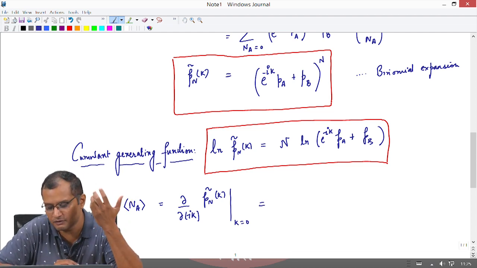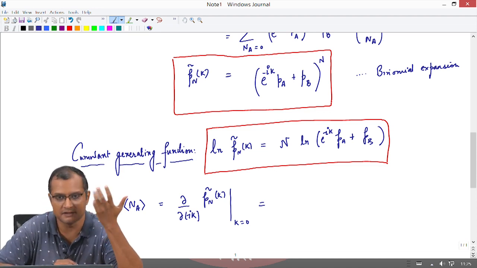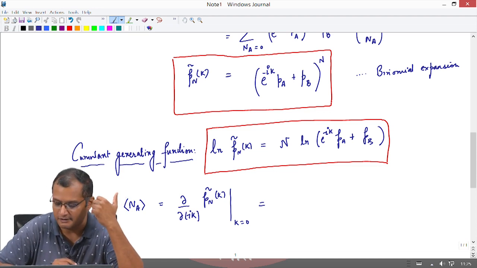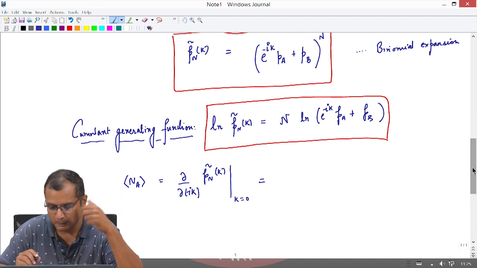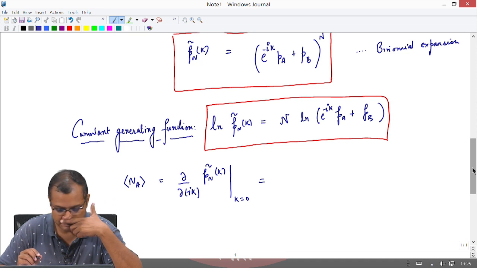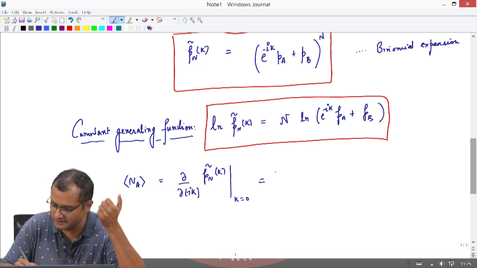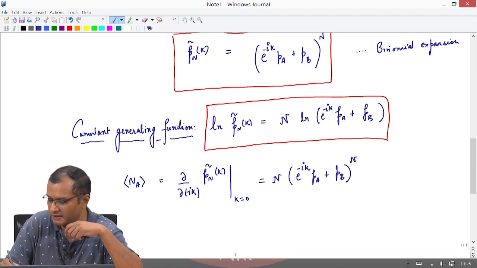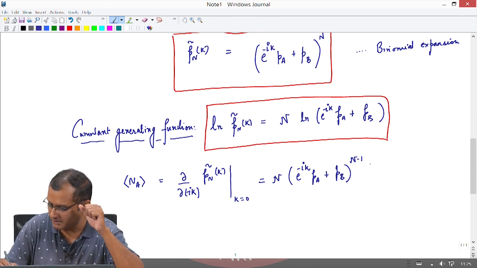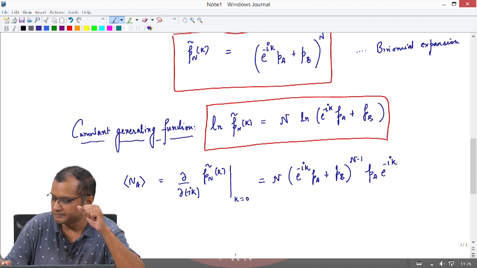I am just saying that you can convince yourself that this machinery is working. Okay. You know, for a coin toss this is very simple, but let us just apply this machinery to a very simple problem for a proof of principle. We can take the machinery to more complex problems later. Okay. So, you can just take the derivative and it will become n times (p of a e to the power minus i k plus p of b) to the power n minus 1, and there is an e raised to minus i k inside, which will give me p a times e raised to minus i k.